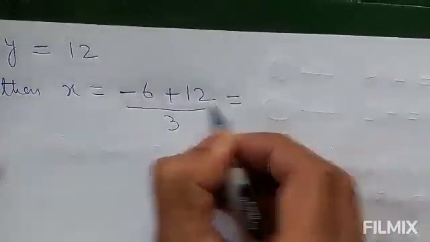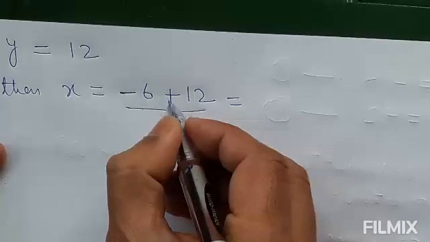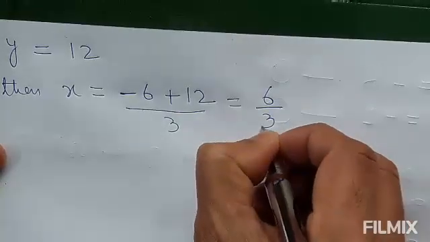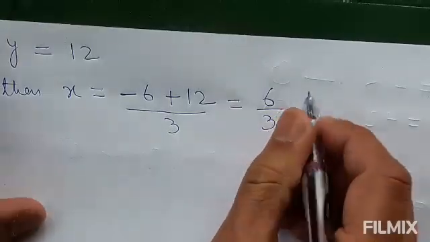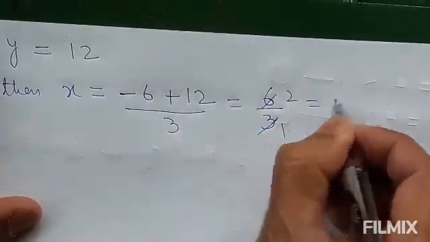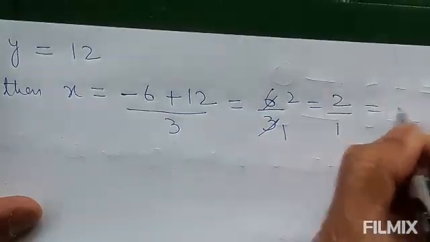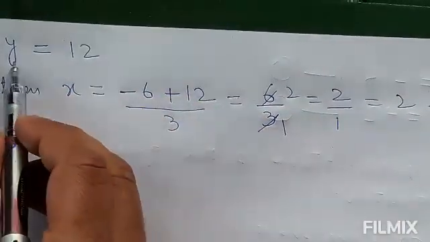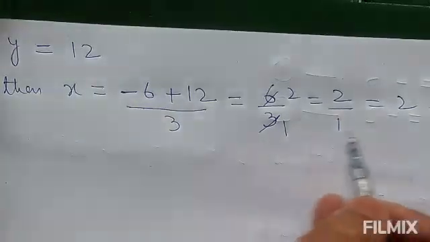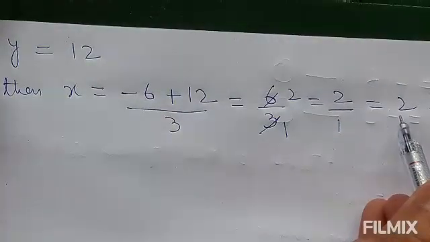It is 6 by 3. Now 3 ones are 3, 3 twos are 6, it's 2. If y is 12, then the value of x obtained is 2.